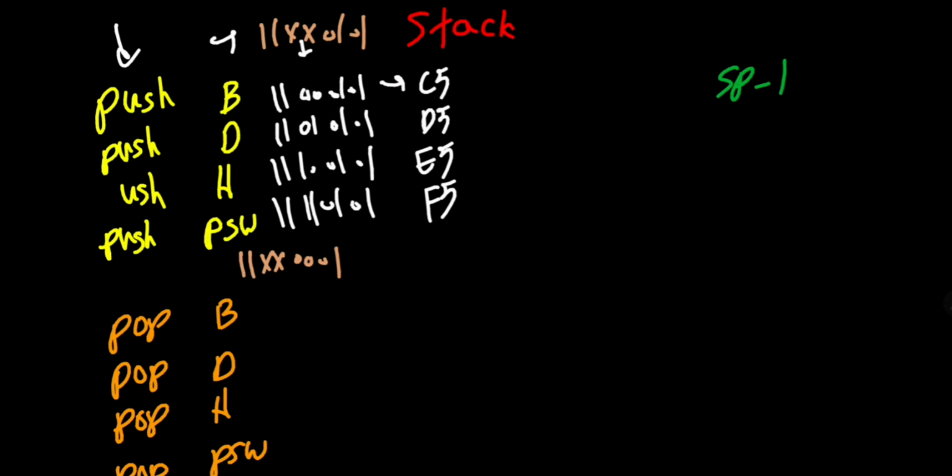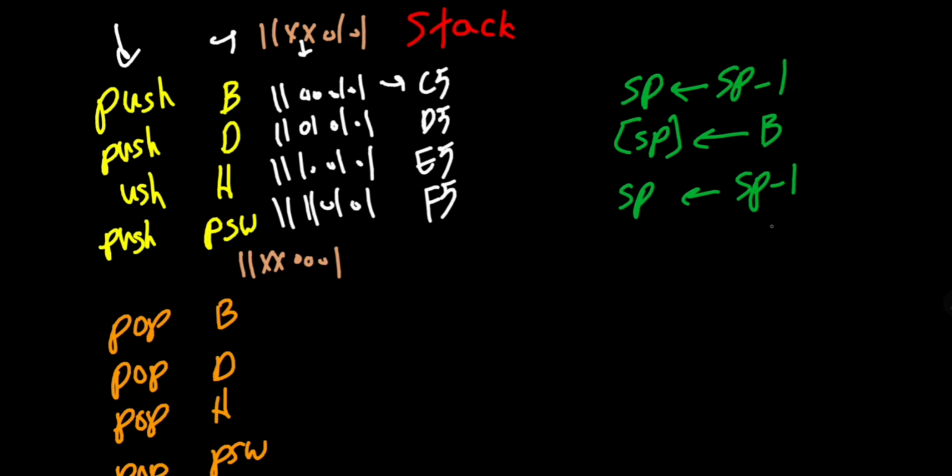Here again, SP is first decremented by 1, then the higher byte of the register pair would be moved to the memory location that SP is currently pointing at. Then SP would be decremented again, and this time the lower byte of the register pair would go to whatever SP is currently pointing to in memory.